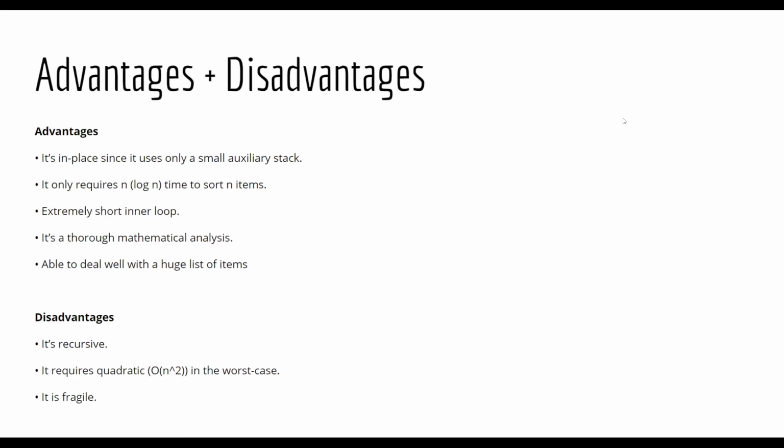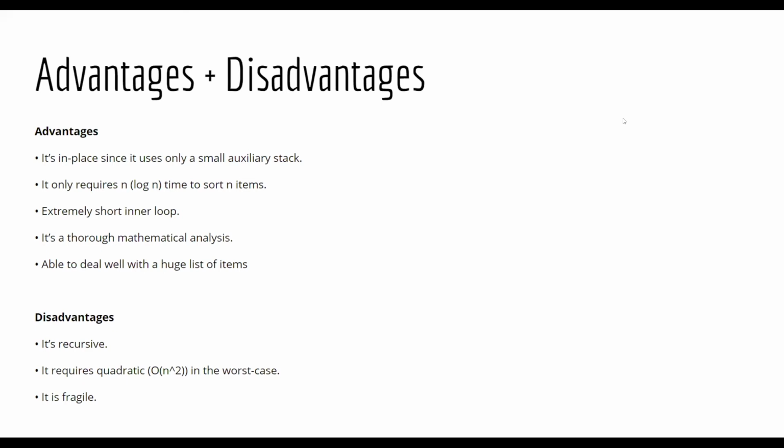It's been subjected to a thorough mathematical analysis. And there are also some sorting types that can't deal with a huge list of items, but with quick sort, we are able to deal well with a huge list of items.